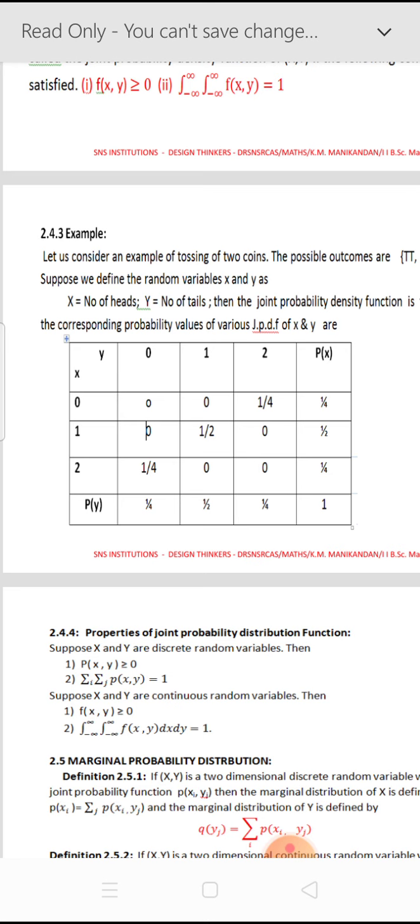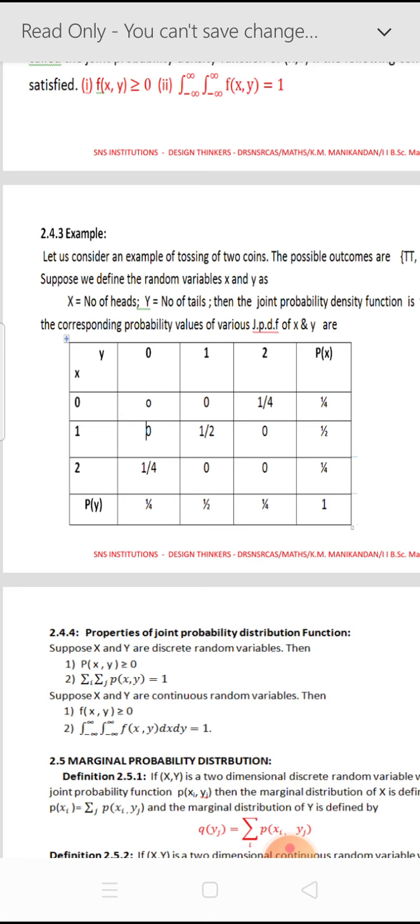The probabilities for these are 1/4 plus 1/4, giving 1/2. It is written in the cell against the second row and second column. Also, the probability of getting two heads and no tail is 1/4.